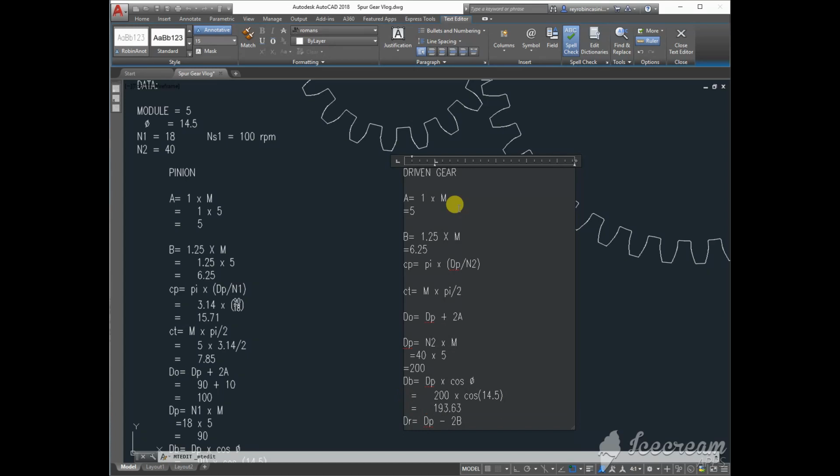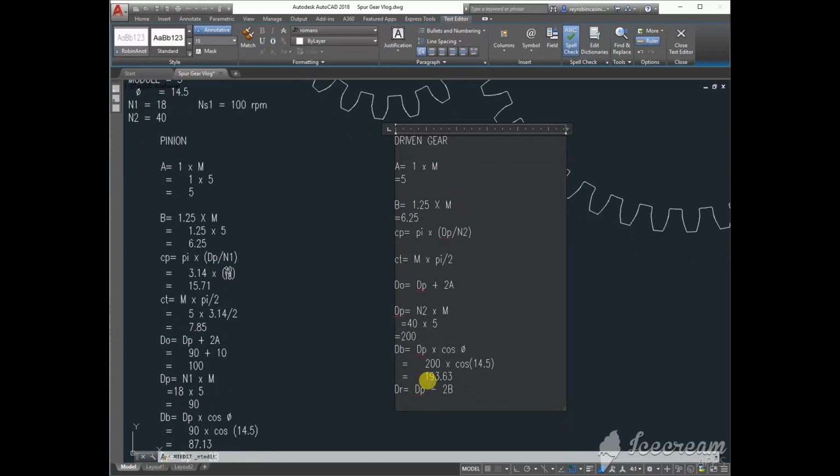Then we will solve for the root circle diameter, which is equal to 200 minus twice the dedendum, 6.25, which is equal to 187.5 mm.